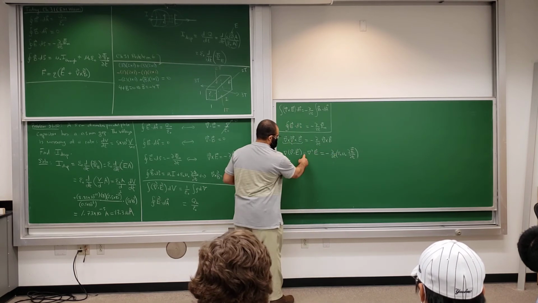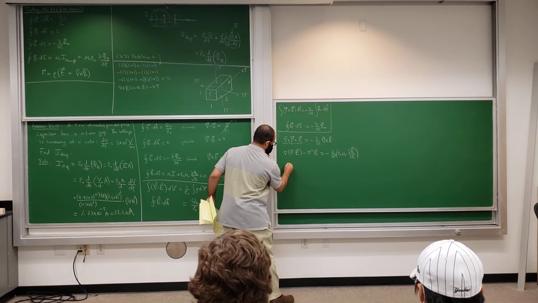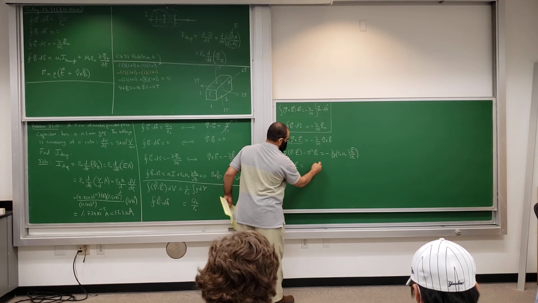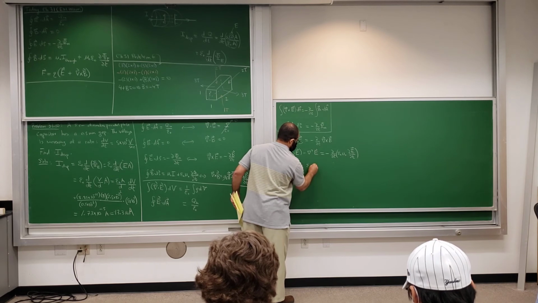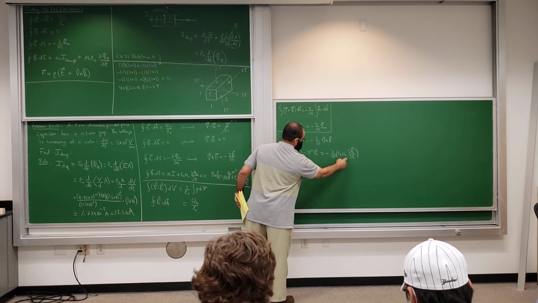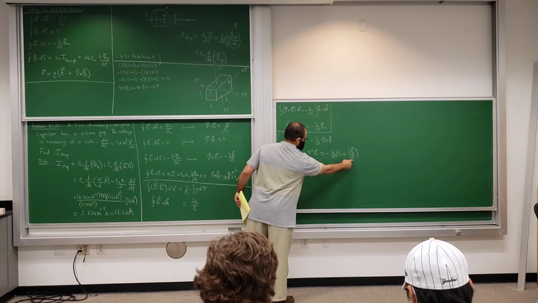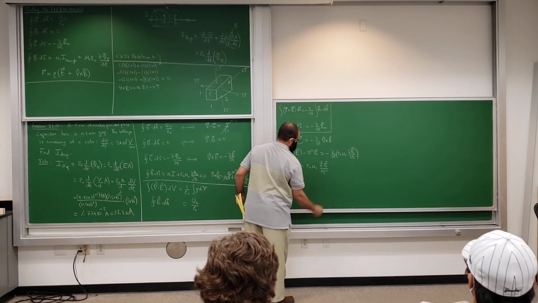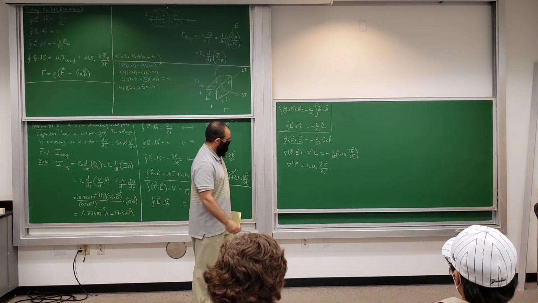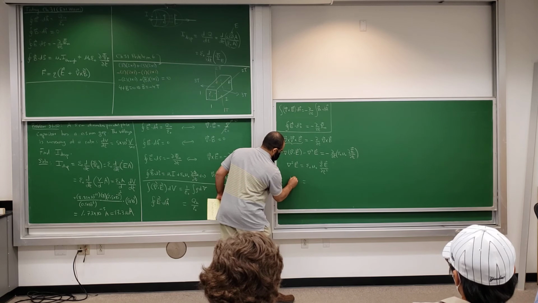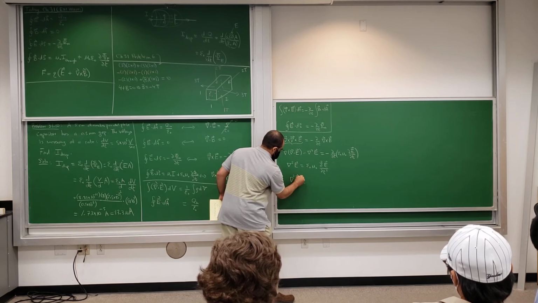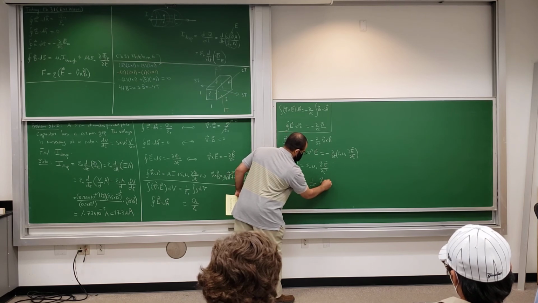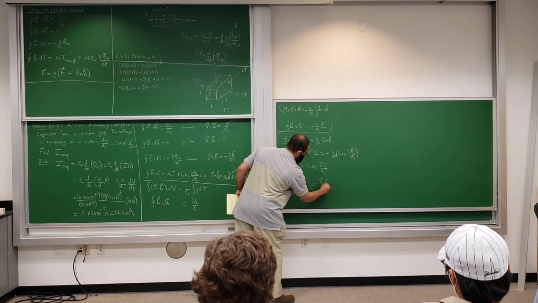There is a minus sign on both sides, so let's get rid of it, and you get gradient squared of E is epsilon naught mu naught, second derivative with respect to time, derivative of derivative, of E. This is equal to gradient squared of E equals 1 over c squared, second derivative of E with respect to t.